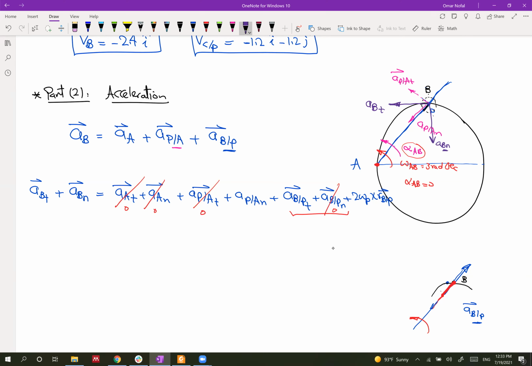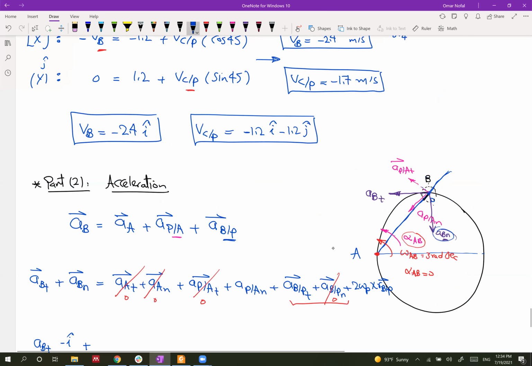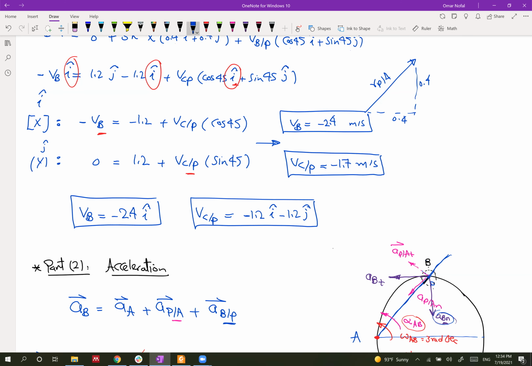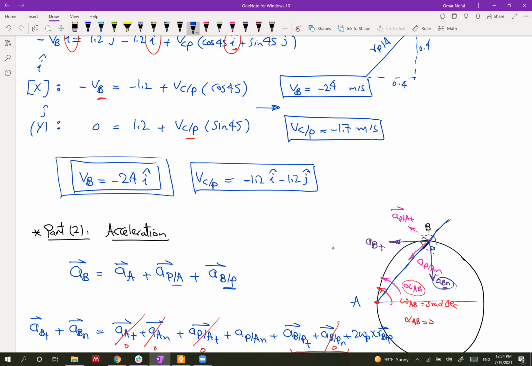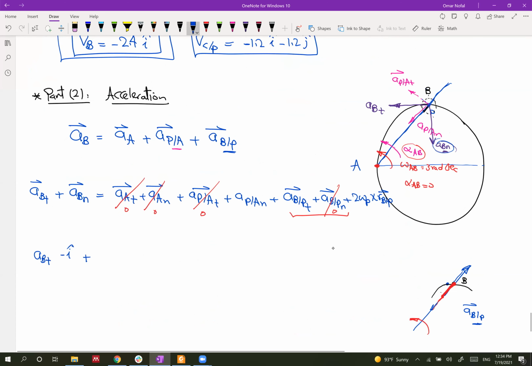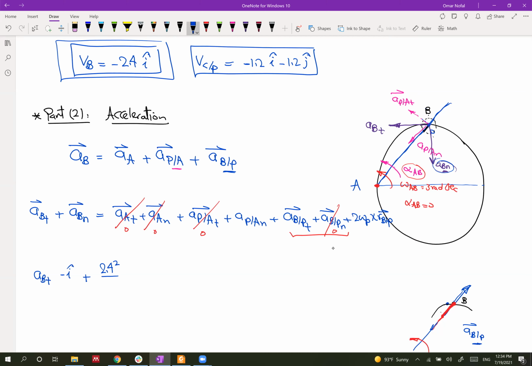AB tangent should be in the negative I hat direction plus AB normal, and actually we can get the AB normal. It's equal to the velocity at B squared over the radius, and we got the velocity at B from here. It's 2.4, so it will be equal to 2.4 squared over the radius, which is 0.4, and it's in the negative J hat direction. So we needed the velocity to solve the acceleration equation.